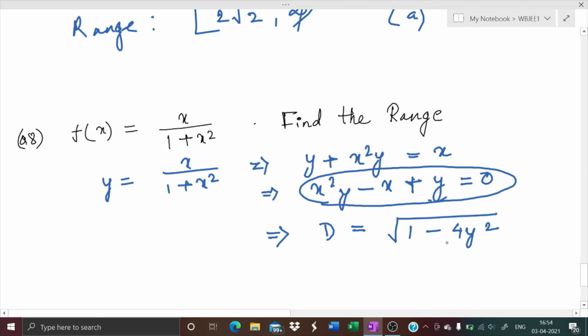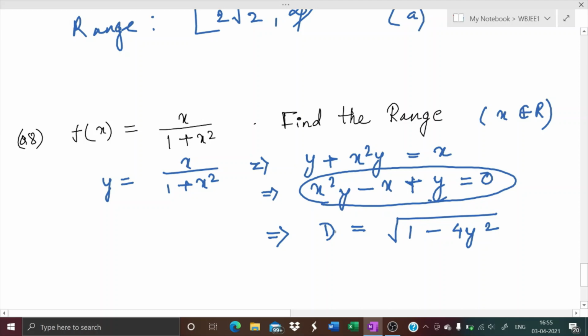Okay, now in this question, one thing must be mentioned, which is not mentioned, that x is real. So if x is real, then my discriminant should be a real number, otherwise I will not get real roots.